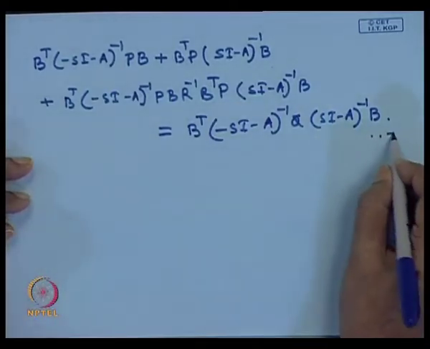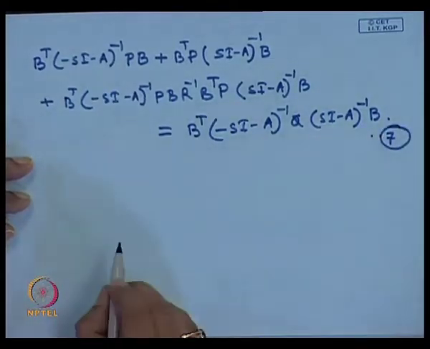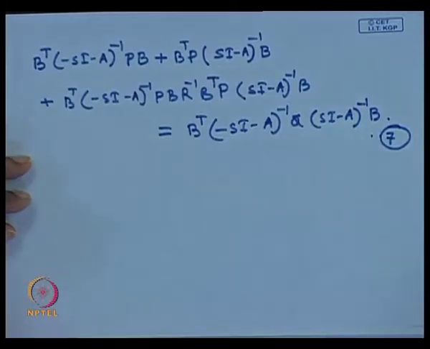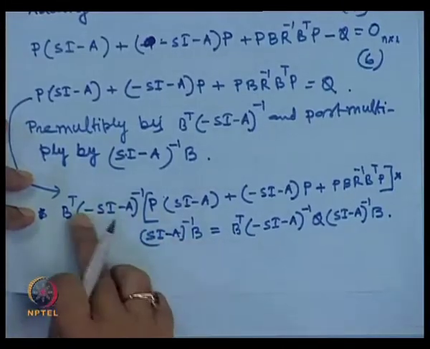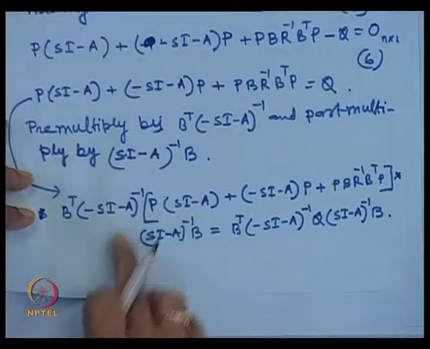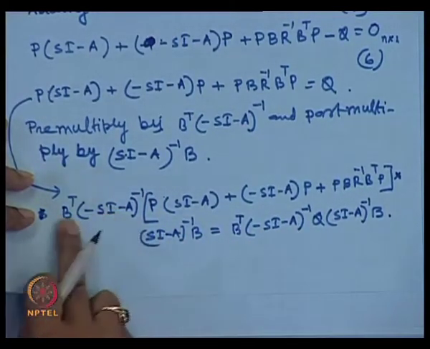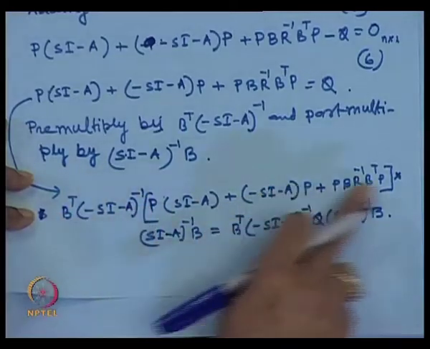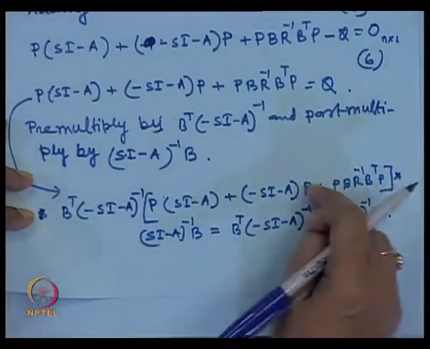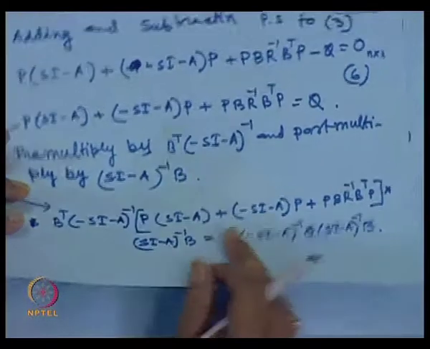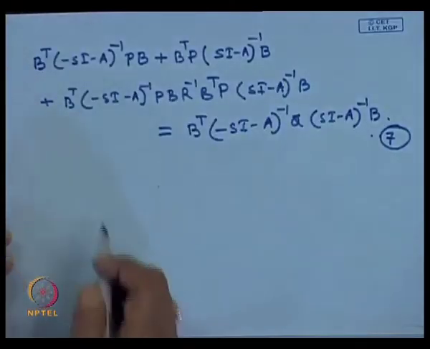Let us call this equation number 7. So, what I did here, if you see, I pre-multiplied and post-multiplied by that as I mentioned here, and then pushed it inside this expression, and also inside this bracket. Then we got that one.